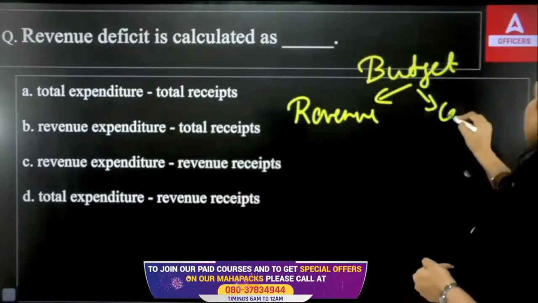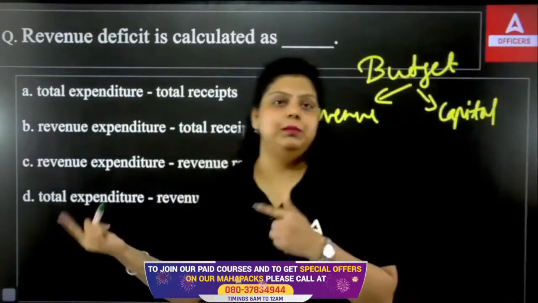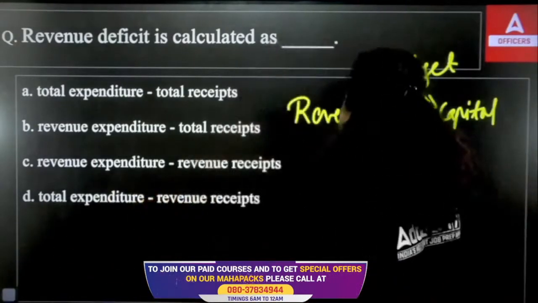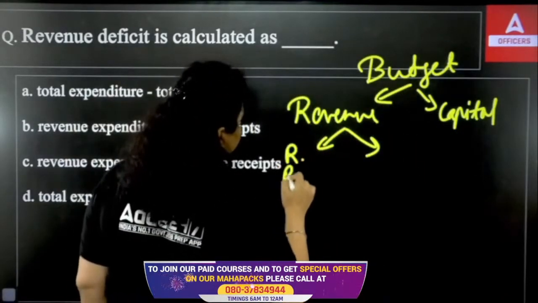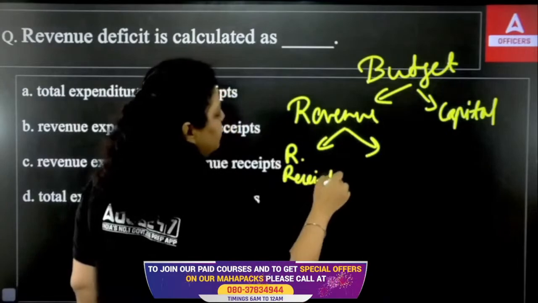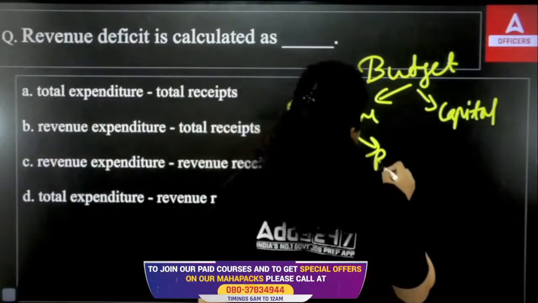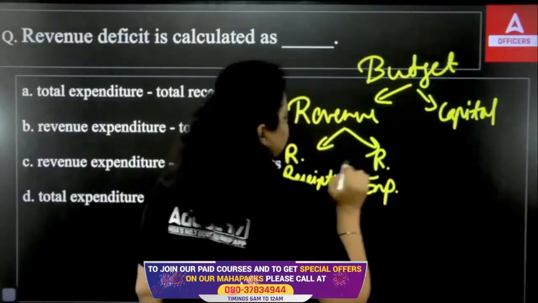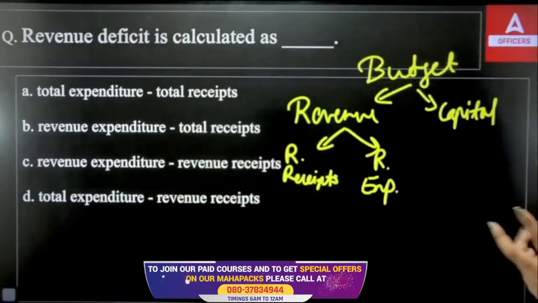The second is the capital budget, a long-term budget which talks about the long-term income and expenditure of the Government of India. The revenue budget covers revenue receipts, the income the government earns on a day-to-day basis, and revenue expenditure, the expenditure the government does on a day-to-day basis, like salaries or payments.